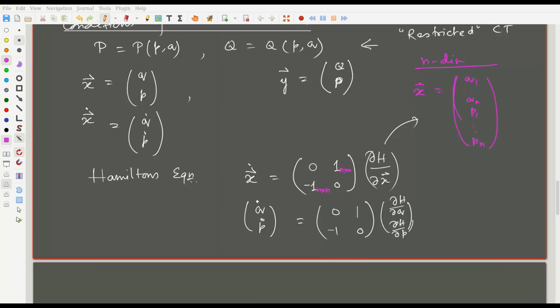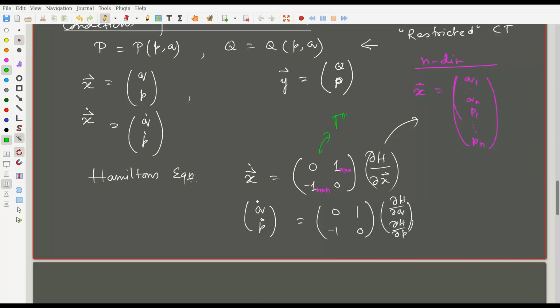Now I want my Hamilton's equation to stay invariant under this transformation. By the way, this matrix with 1 and minus 1, I will call capital gamma.